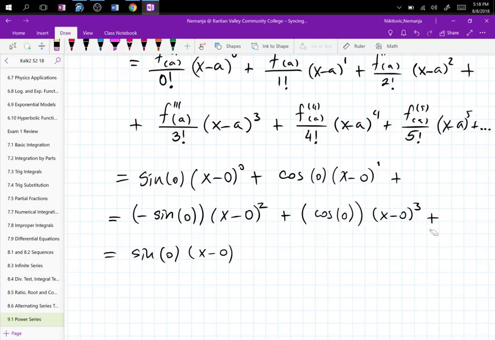Not 0 here, 4, sorry, 4. And then plus the last one we have is the cosine of 0, x minus 0 to the what's the exponent? 5. Good.